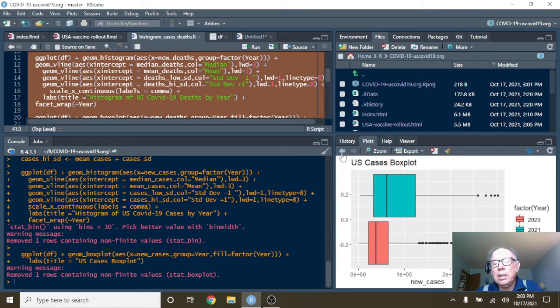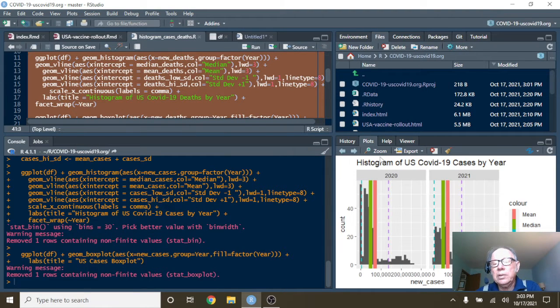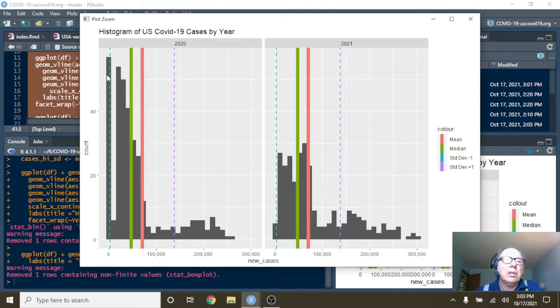Let's take a look at the histogram for cases. The dashed lines are the plus and minus one standard deviation. The green line is the median. The red line is the average number of cases, or mean, the mathematical mean, as we like to say. You can see here, even with this long climb up, I think we still have a unimodal, right skewed distribution.